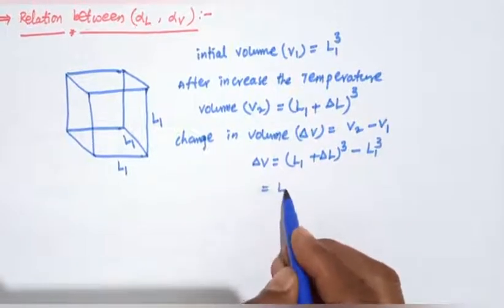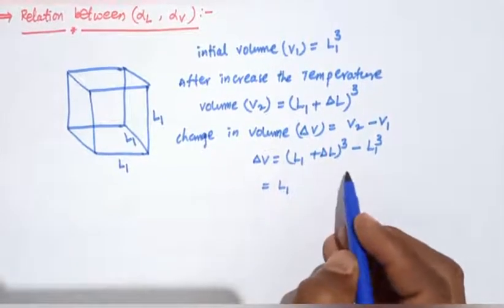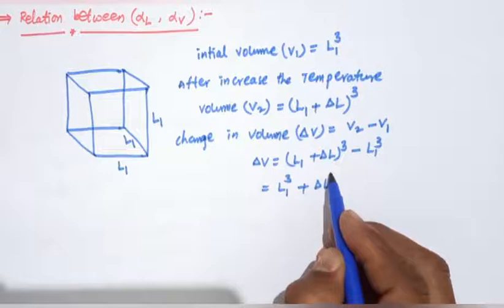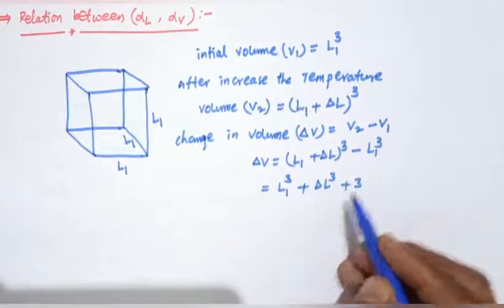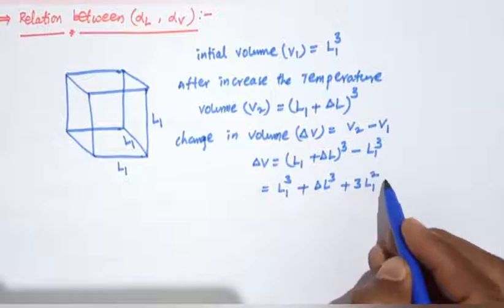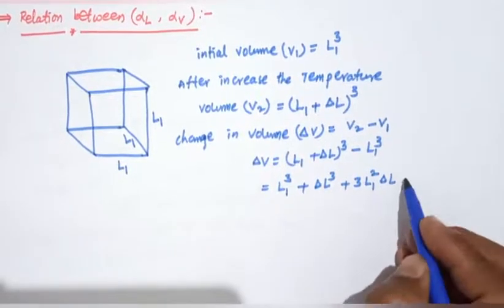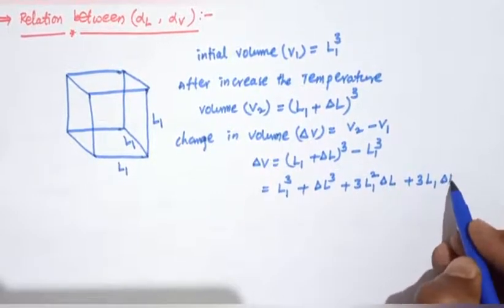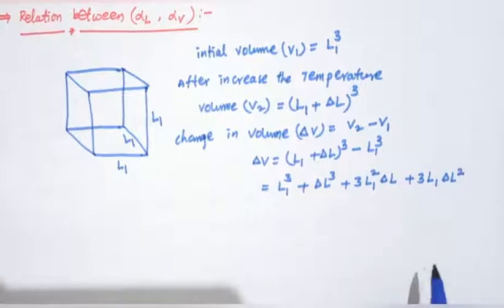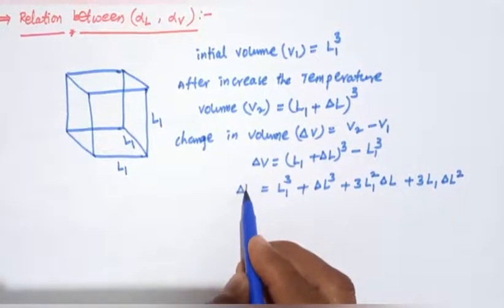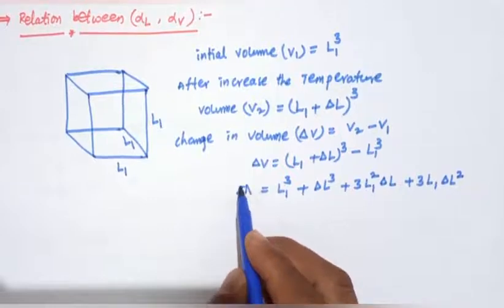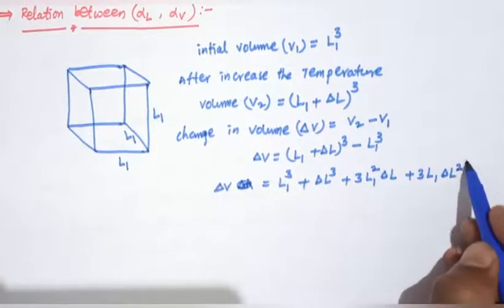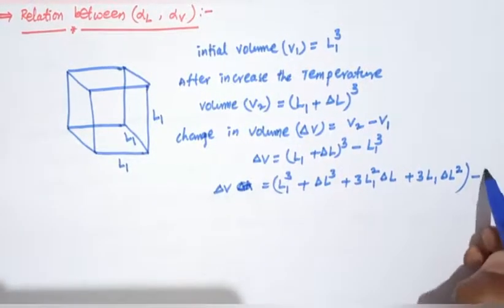This is A plus B whole cube: L1 cube plus delta L cube plus 3 L1 square delta L plus 3 L1 delta L square, minus L1 cube.